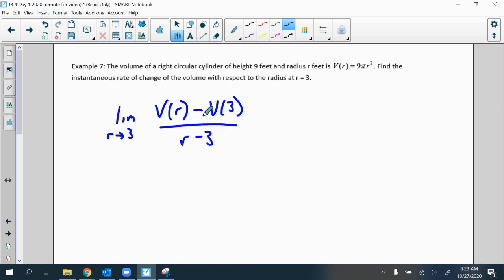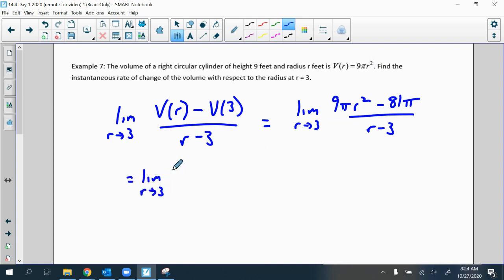So I'm just doing the exact same formula here. So I have the limit as r approaches 3 of 9 pi r squared minus what happens when I plug in 3. I get 9 times 9, which is 81 pi over r minus 3.